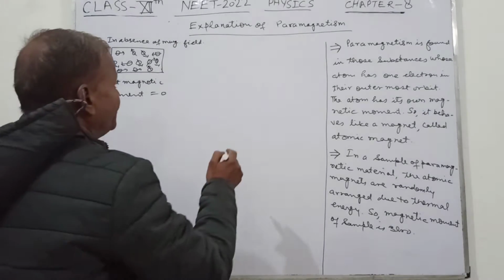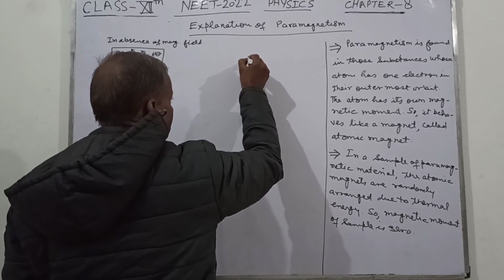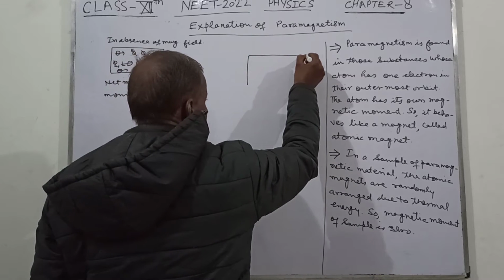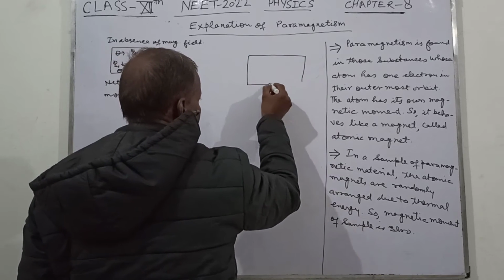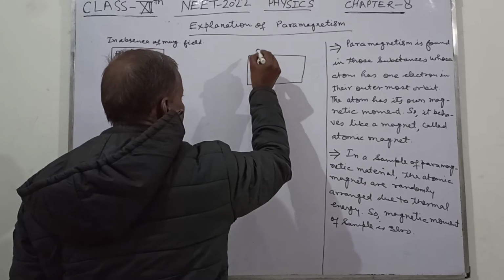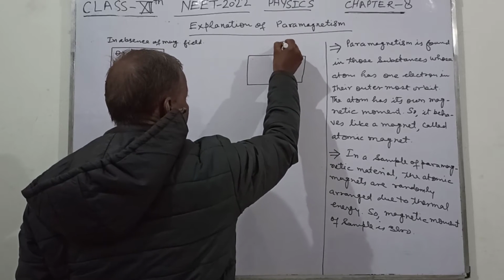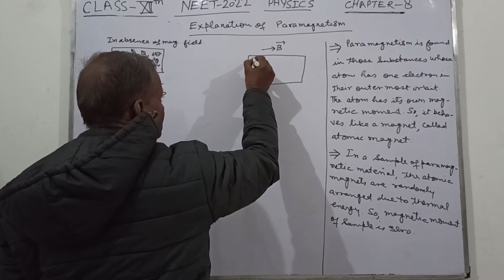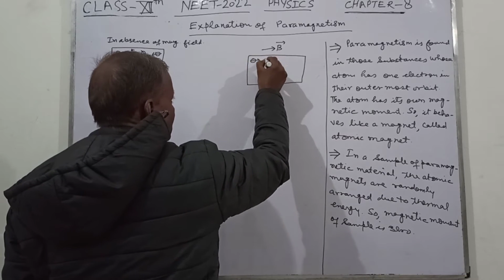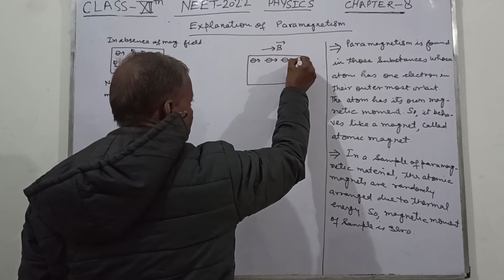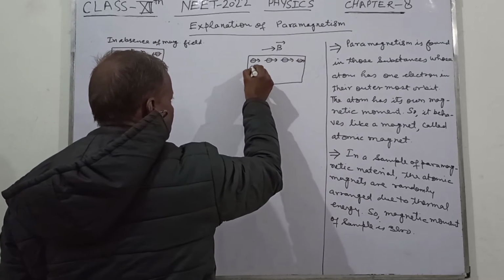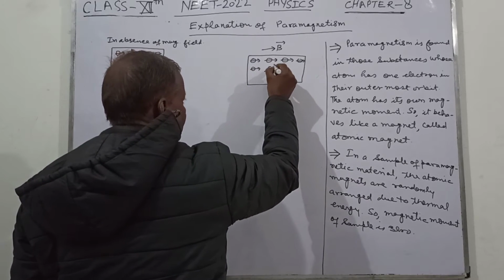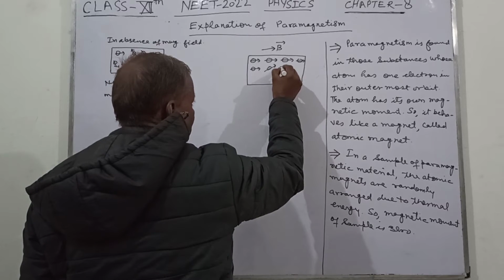And now suppose the magnetic field is applied. Then they become like this. This is the magnetic field applied in this direction. Then they are arranged. Some of them may not be in the direction of the magnetic field.